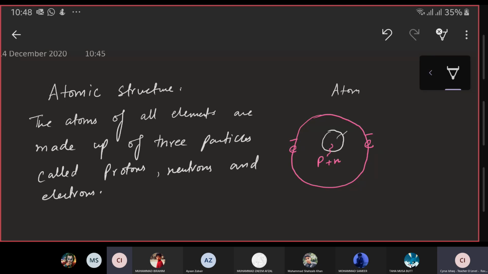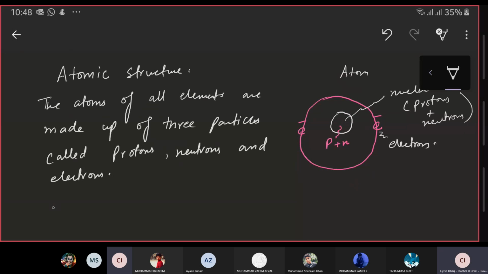So this is the nucleus, right? And the nucleus consists of both protons and neutrons. And these are the electrons, right?